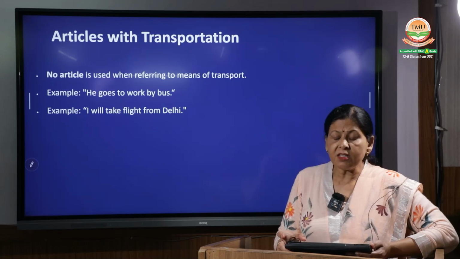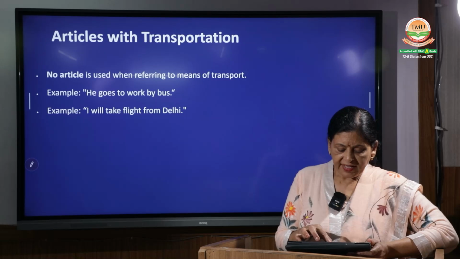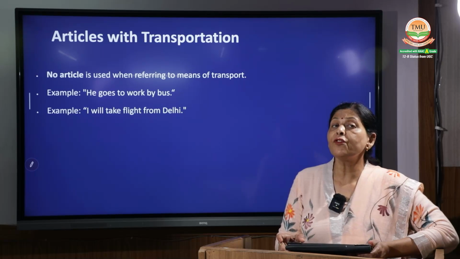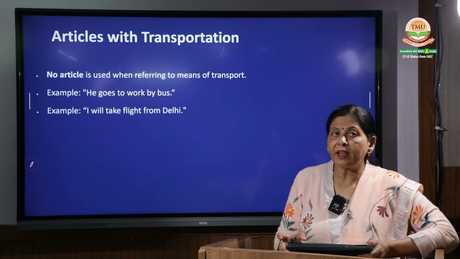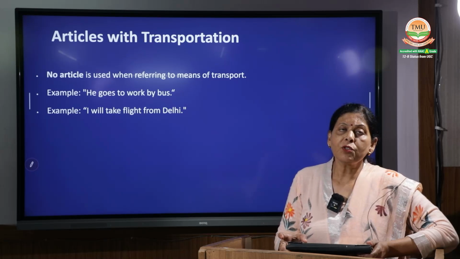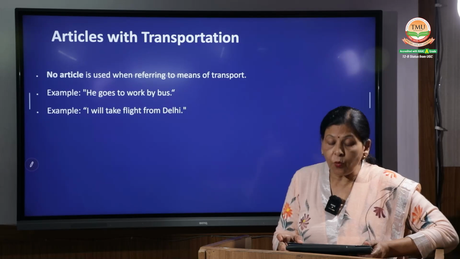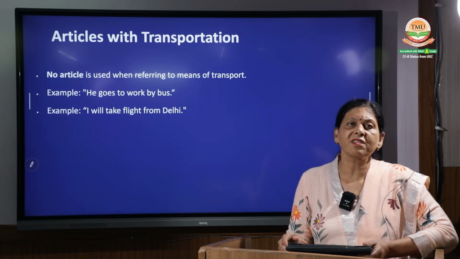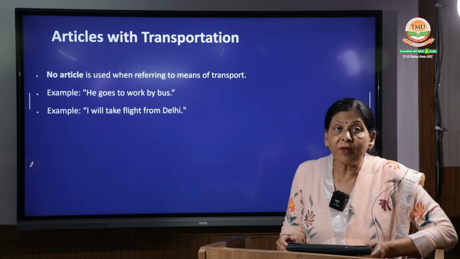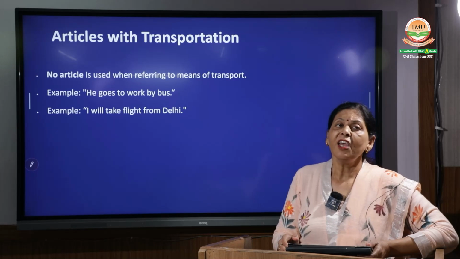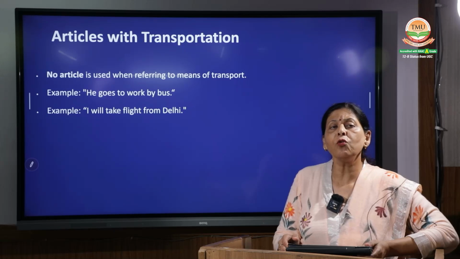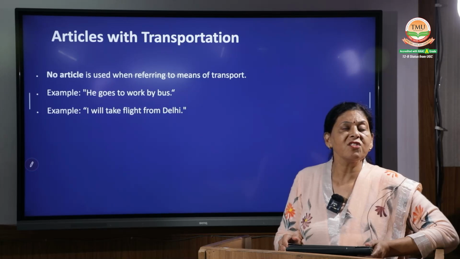Now, articles with transportation. Let's see what articles we use with transportation. There are no articles used with transportation. Like, he goes to work by bus. Generally people say he goes to work by a bus, but this is not correct.